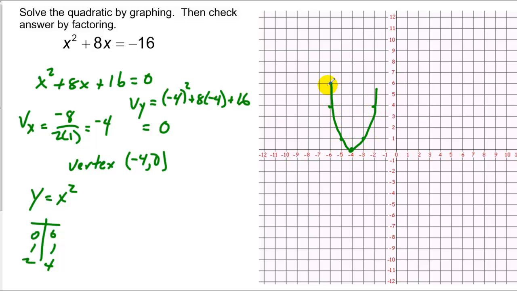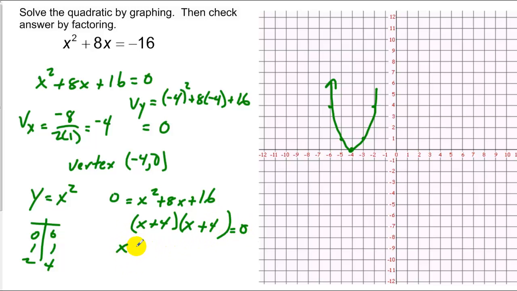So when I factor 0 equals x squared plus 8x plus 16, it should be no surprise that I look for two numbers that multiply to 16 and add to 8, and that's 4 and 4. So the zero product principle says x plus 4 has to equal 0 and x equals negative 4. And so there's our singular solution.